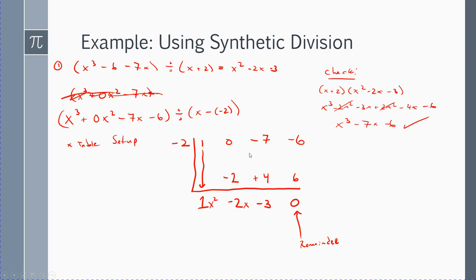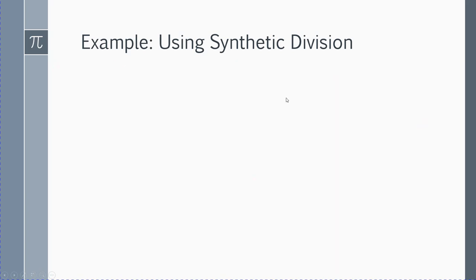All right, a little confusing. Let me do another one here just so we can see this process. Let's take 4x cubed minus 3x squared plus 3x minus 1, and let's divide it by x minus 1. All right, so this is x minus c.